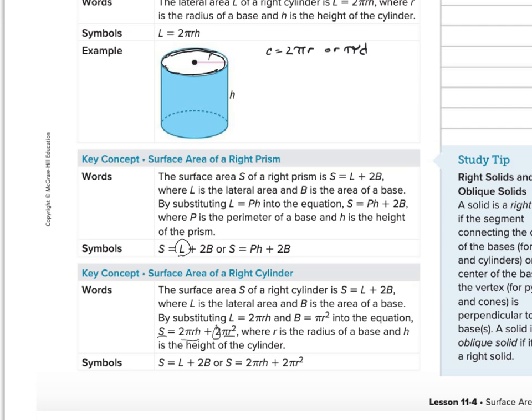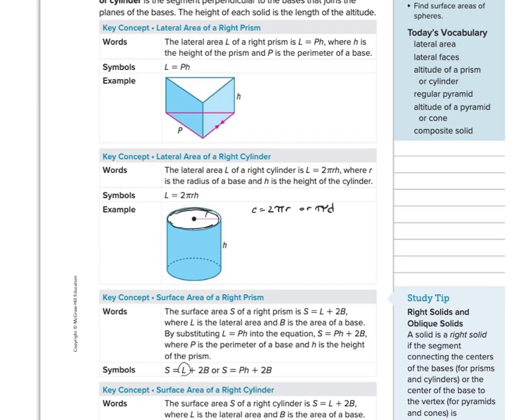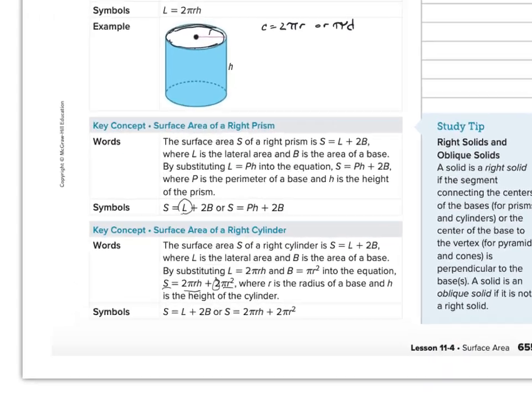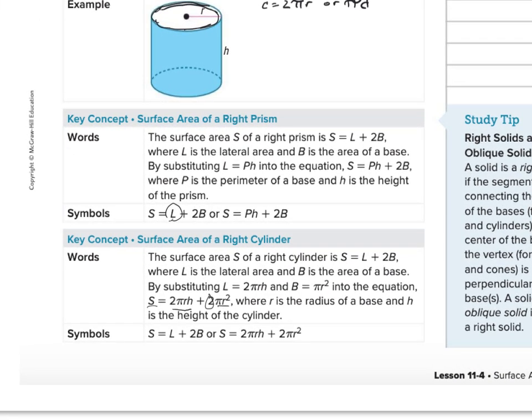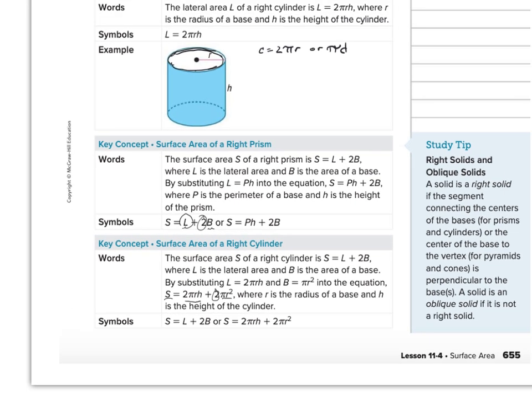So just understanding how we derive that. And the right prism, of course, is the lateral area and then 2 times the area of the base, whatever that base may be. The base may be a rectangle, it may be a triangle, it may be a pentagon, whatever that may be. So just being able to distinguish between lateral area, surface area, and the components of the formula to where you're able to fill it in.